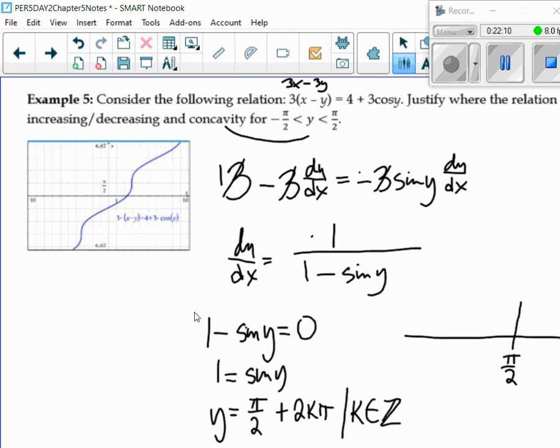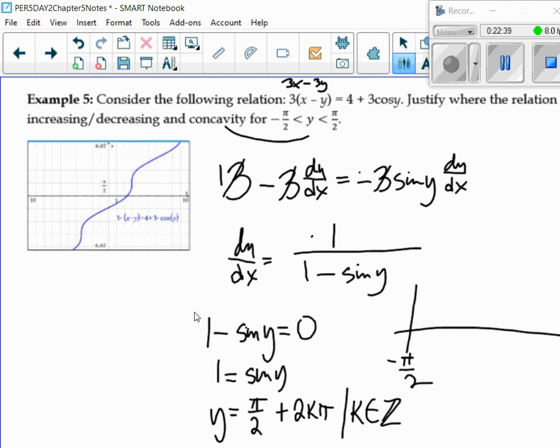Actually, you know what? Maybe I should do it between negative pi over 2 and pi over 2. Because, okay, pick something between negative pi over 2 and pi over 2. 0.